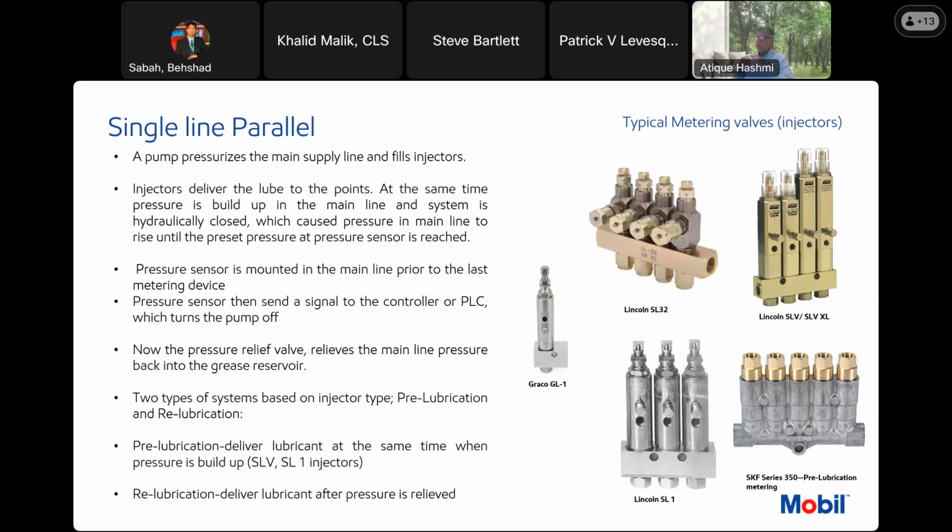They lubricate once the pressure is built up in the line. They will dispense and lubricate the bearings. But there are some SKF 350Cs which lubricate once the pressure is relieved.